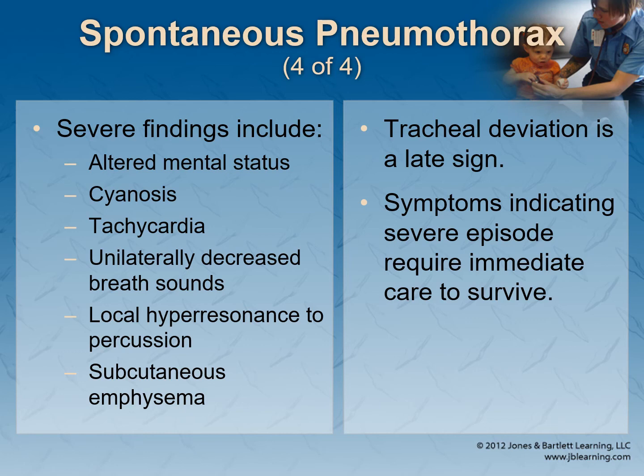So subcutaneous emphysema, this is air that's building up under the skin, right? So you push on it and it feels like you're pushing into a bowl of Rice Krispies. You're pushing down into a Rice Krispie treat is what sub-Q emphysema feels like.